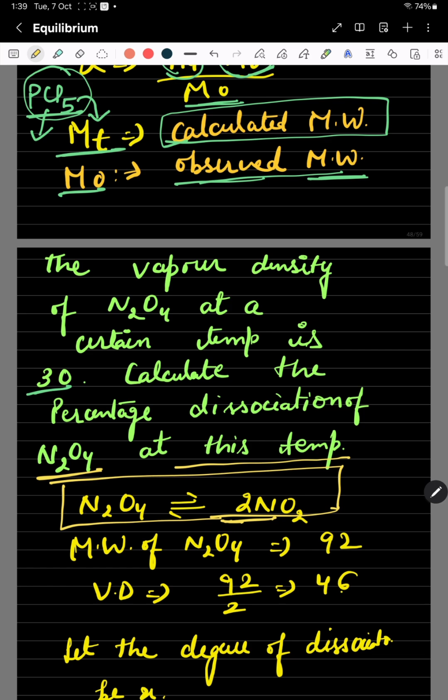The molecular weight of N2O4 is 14 into 2, 28, plus 64, which gives 92. Vapor density before dissociation is 92 by 2, that is 46.